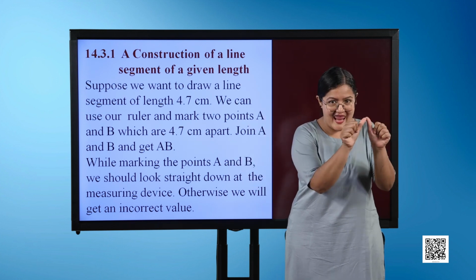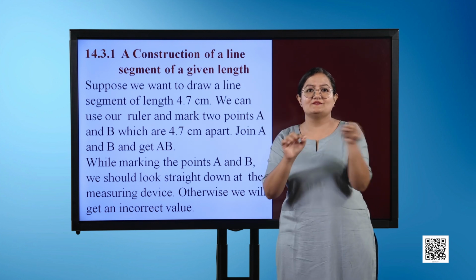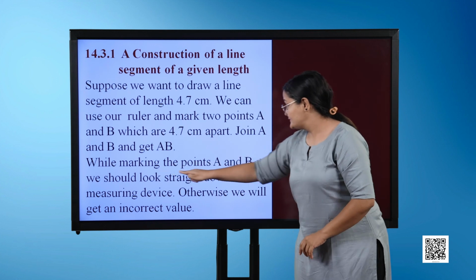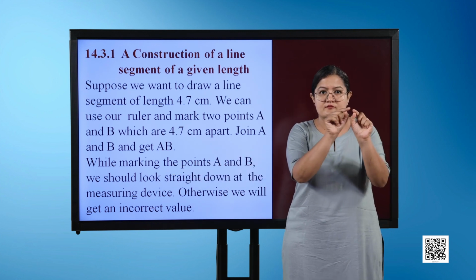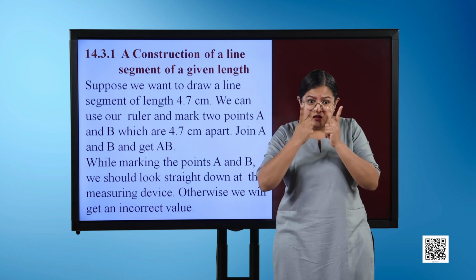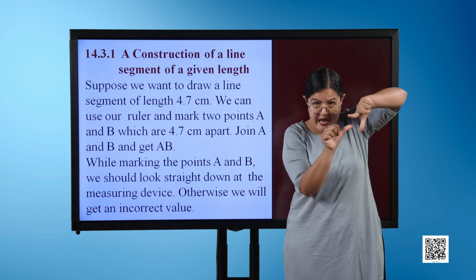Join A and B and get segment AB. While marking the points A and B, we should look straight down at the measuring device. Otherwise, we will get an incorrect value.